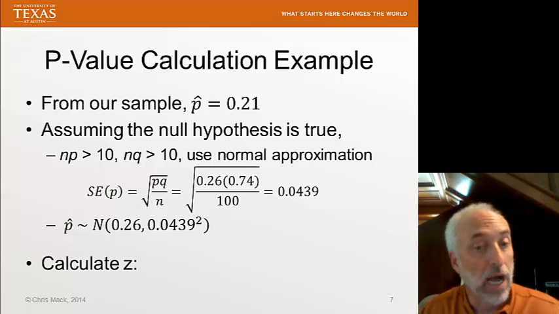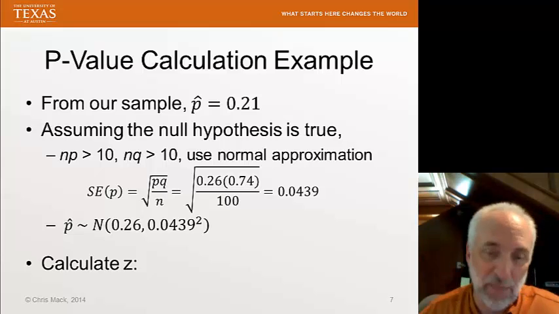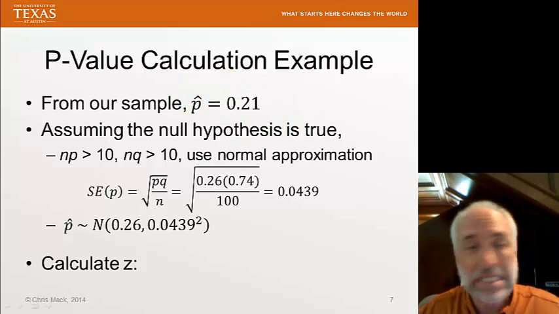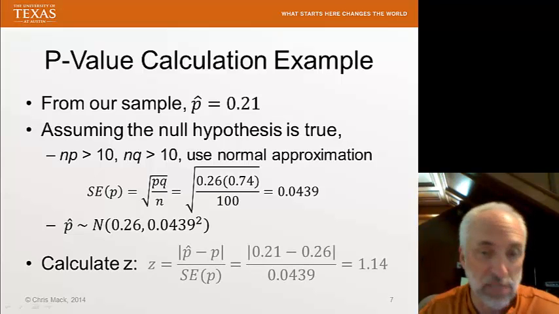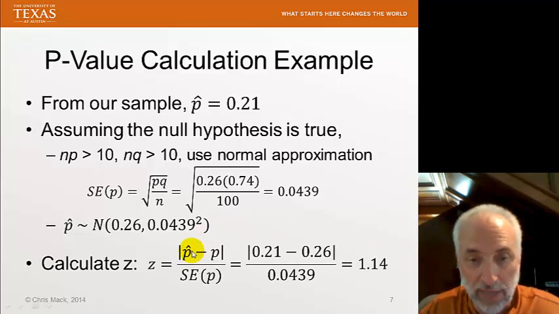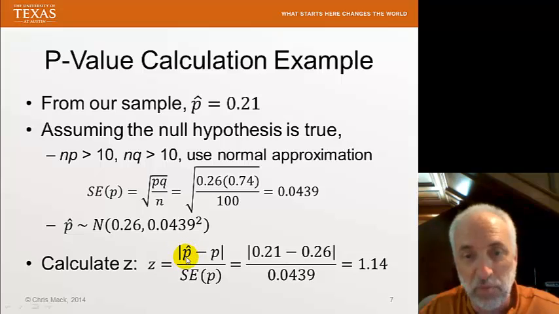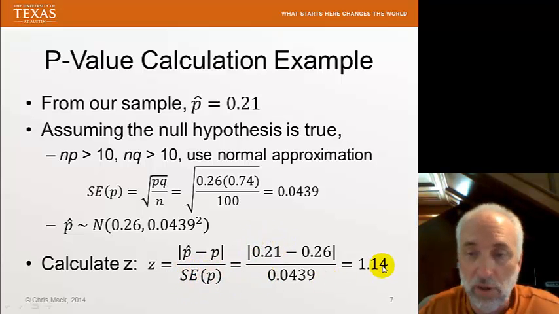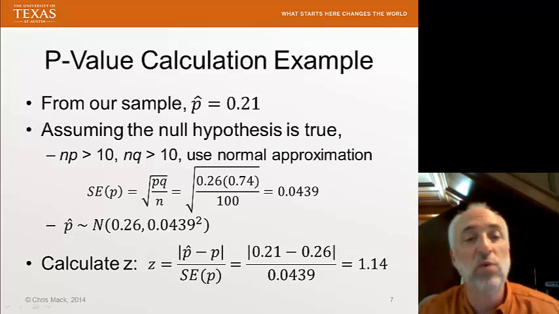Now, I'm going to take my point estimate for this proportion, it's 0.21, and calculate z, the z-score. That is, I'll take the sample proportion, subtract off my assumed population proportion, divide by the standard error of the proportion, and I can do all the calculations. I get 1.14.